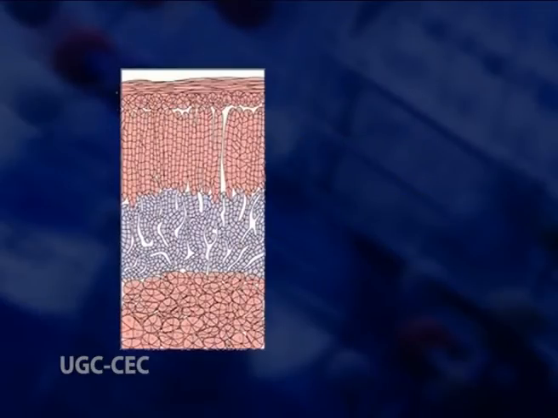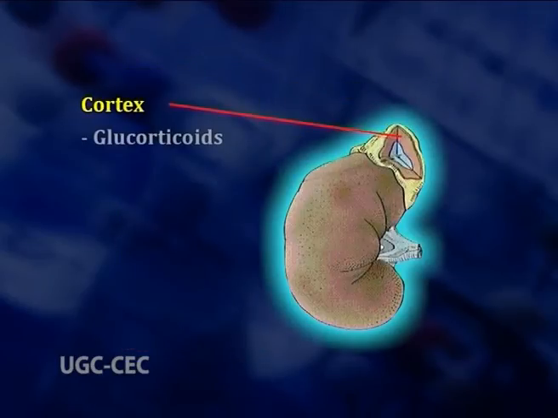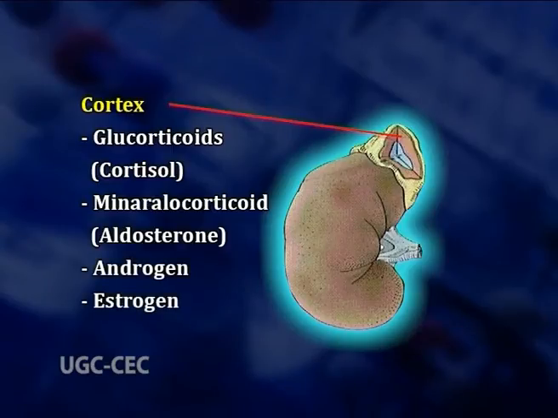Cortex contains 3 regions, which are zona glomerulosa, zona fasciculata and zona reticularis with high levels of cholesterol. The cortex secretes glucocorticoids such as cortisol, mineralocorticoids and small amounts of androgens and estrogens.